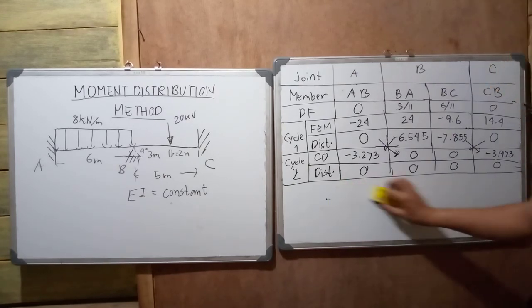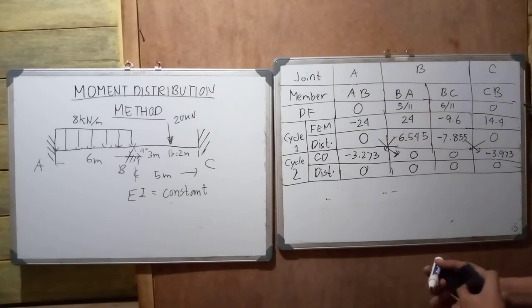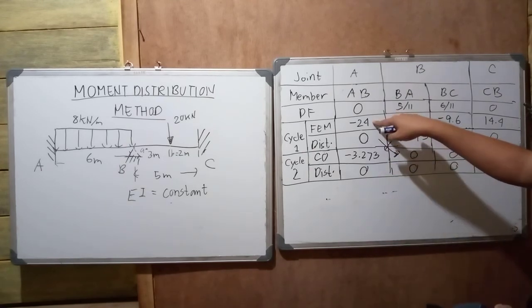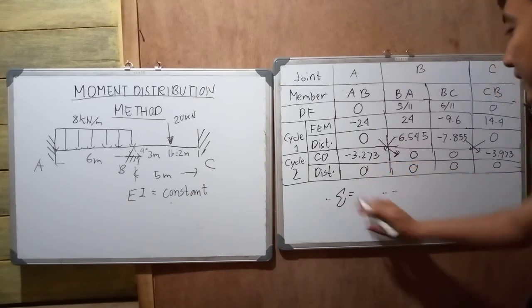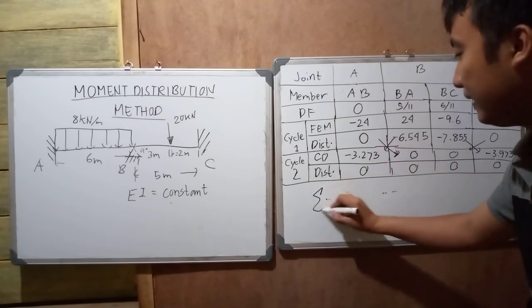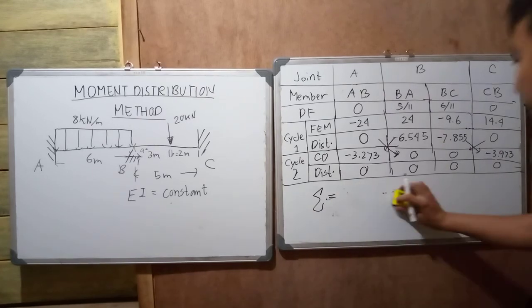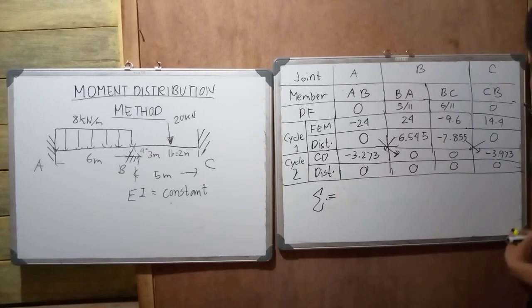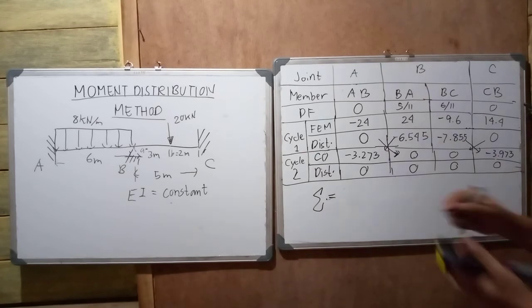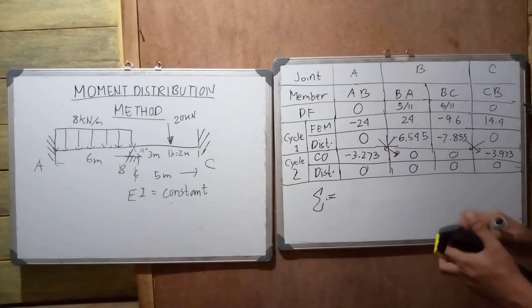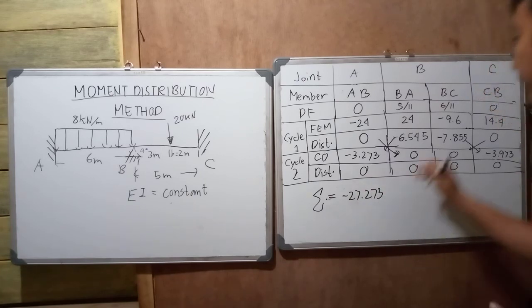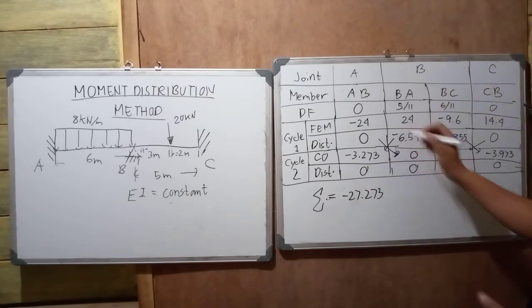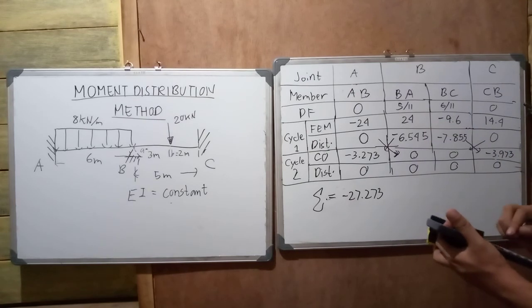So, ang gagawin natin, i-add natin tong mula kay FEM hanggang dito. Okay? So, i-sum up mo siya. Okay? Dito natin ilagay. So, you sum up everything. So, we have negative 24. Okay? So, this is negative 27.273. Okay, negative 2 ha. So, i-add mo to. So, 24 minus 6.545.